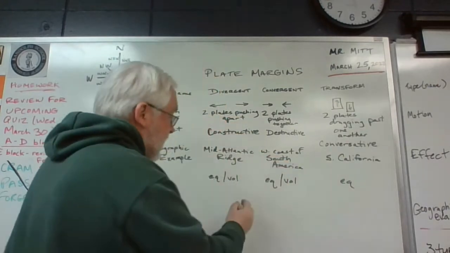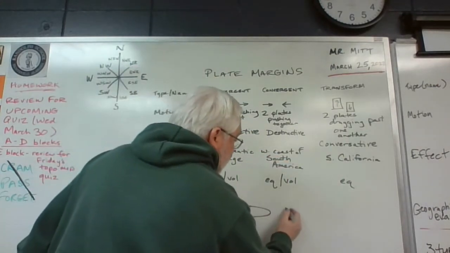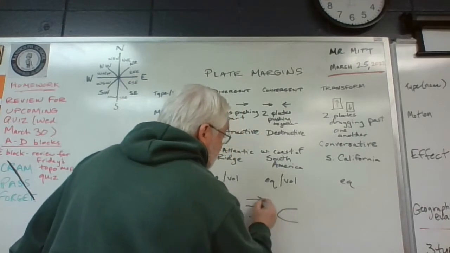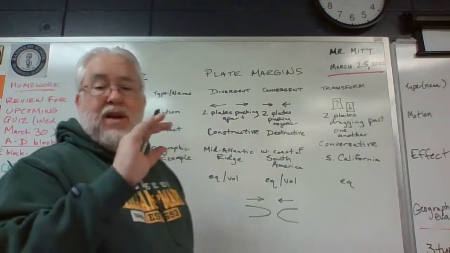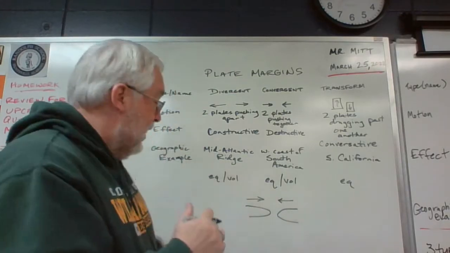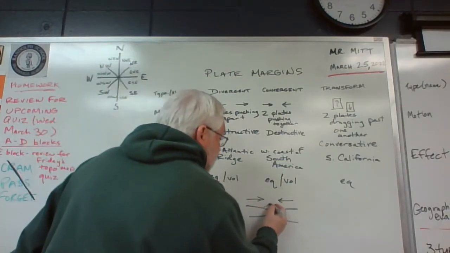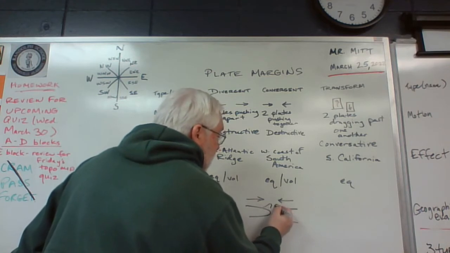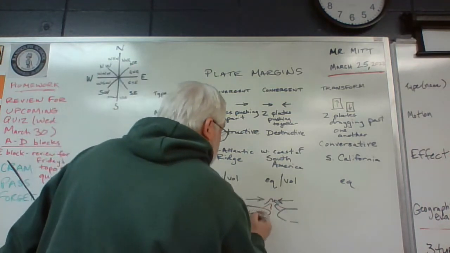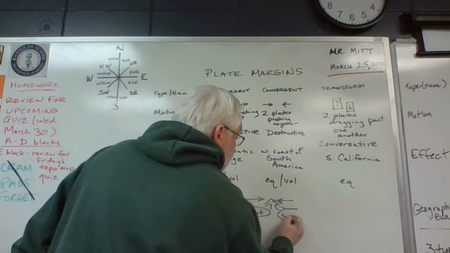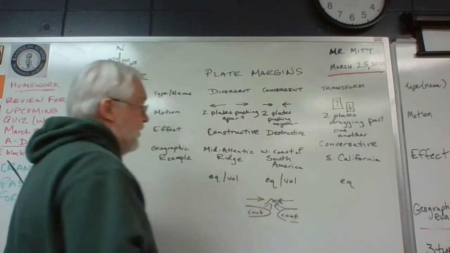And in that case, I'm just going to draw it down here as a reminder. We can have, again, plates coming together, but one's not dipping beneath the other because they have the same density. So they collide. And as they collide, they're pushed upward. And again, this is continental lithosphere colliding with continental lithosphere.